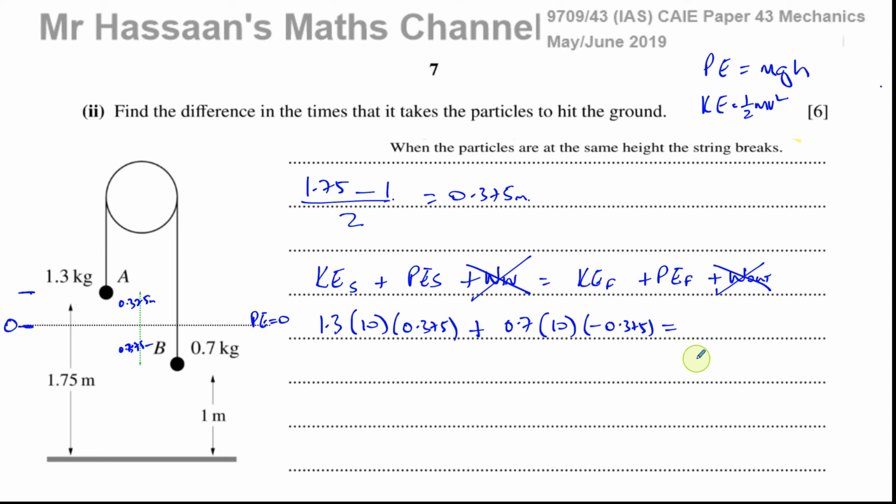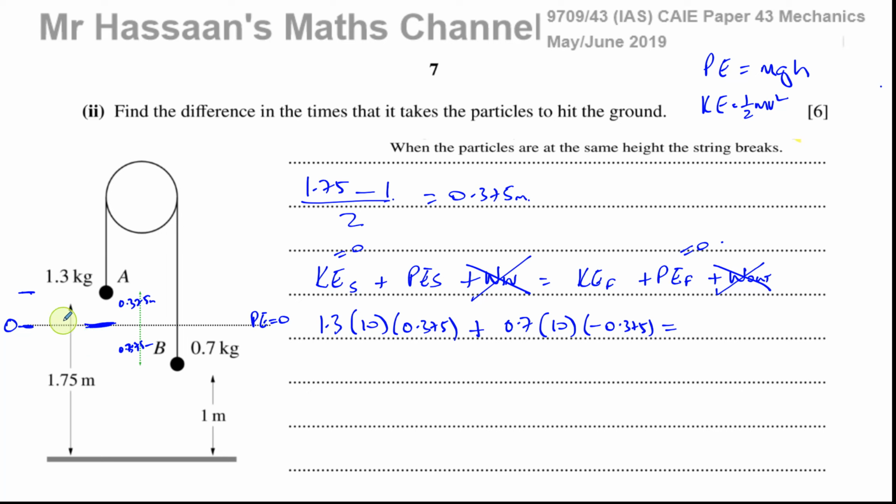That's equal to the kinetic energy of them both at the end, when they reach this level here. When it reaches O, the potential energy is 0 for both of them, because they're both at the level which we've said is the zero level for potential energy.